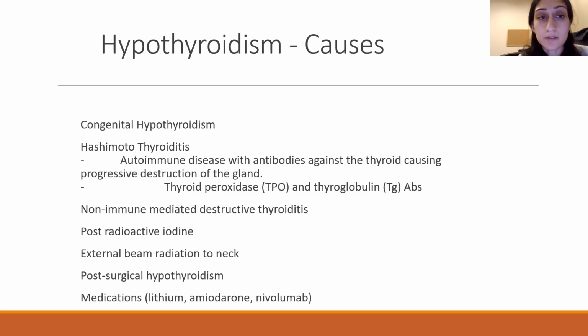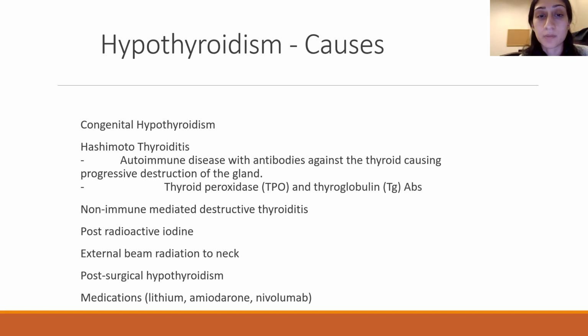Here are some common causes of hypothyroidism. You can have congenital hypothyroidism, which is probably seen more in the pediatric setting. What we commonly see in adults in the outpatient setting is Hashimoto's thyroiditis. This is the autoimmune disease in which antibodies act against the thyroid and cause destruction of the thyroid gland over time. In Hashimoto's thyroiditis, you can check TPO antibodies and thyroglobulin antibodies.